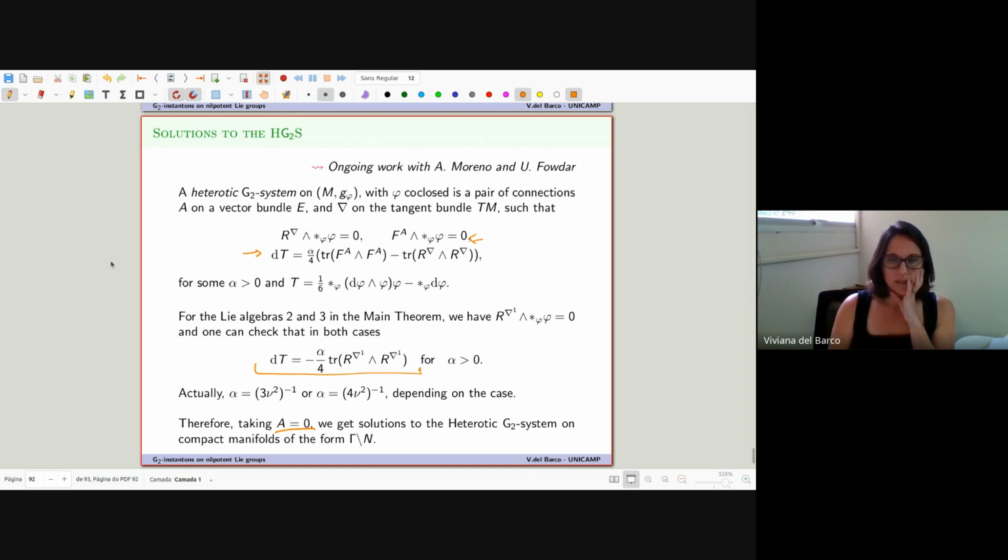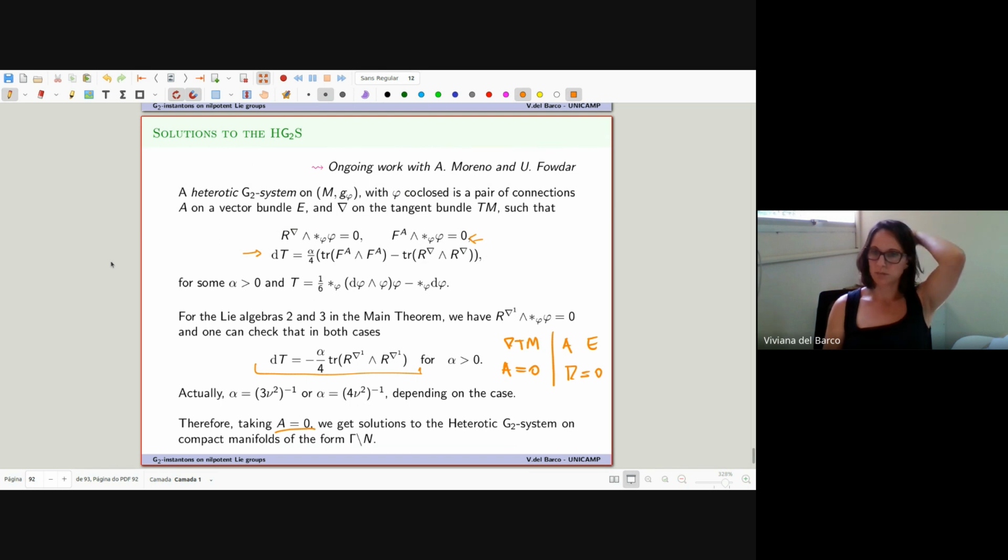So in these examples, we have a connection on TM, and we have A equal to 0. But we were also working on a connection on E, and then you can take nabla equal to 0, and we have those examples as well. But this is ongoing work.